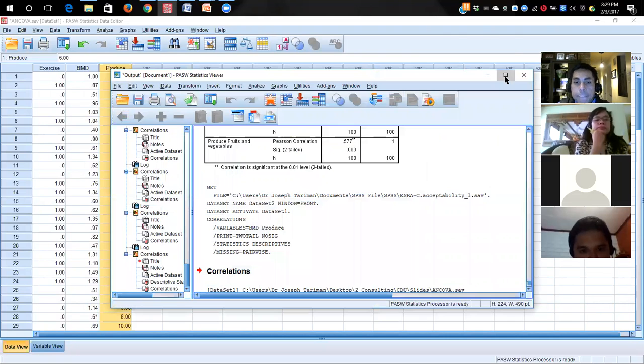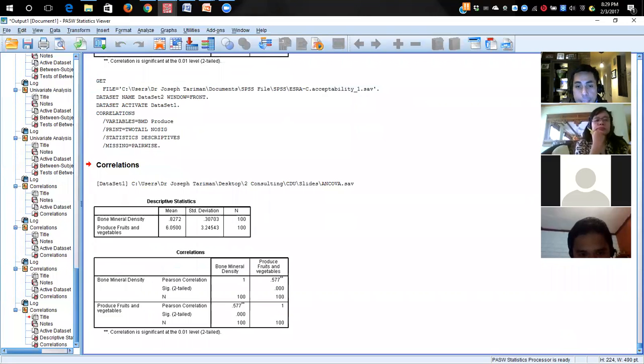And what you see is that there is a linear relationship. It's statistically significant. The Pearson correlation coefficient is 0.577, with a statistically significant value because it's less than the 0.01 level for two-tailed.